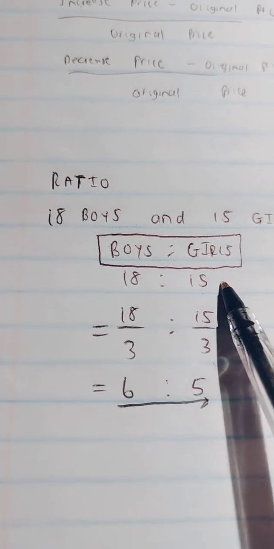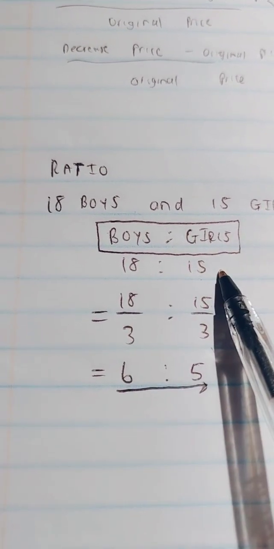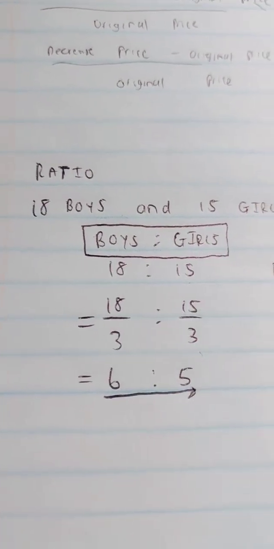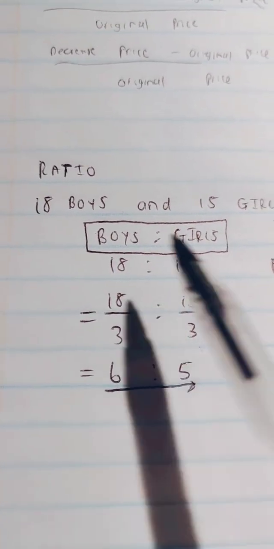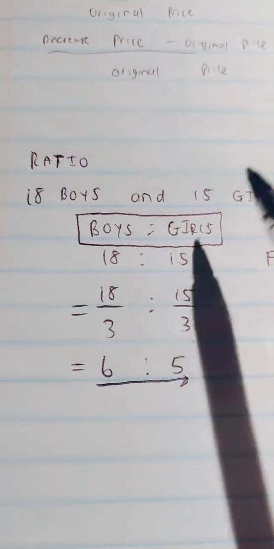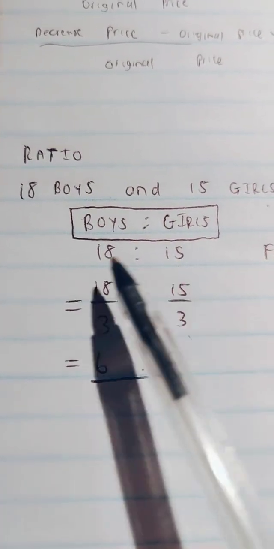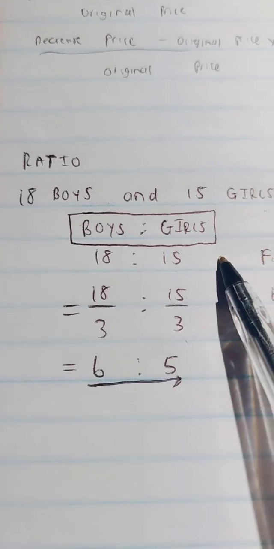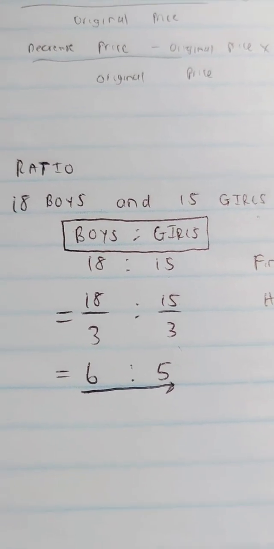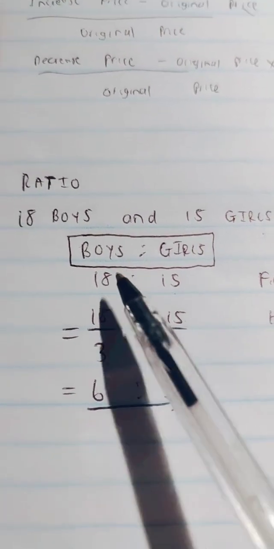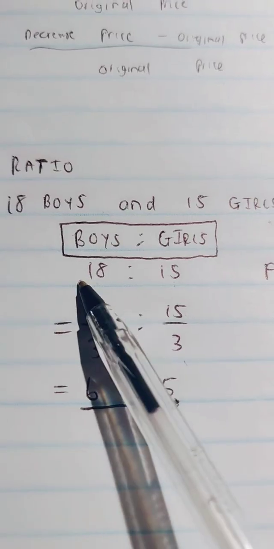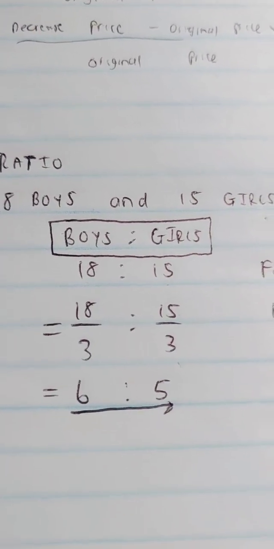It is the comparison between two quantities of the same type, the same unit: the number of boys and the number of girls.